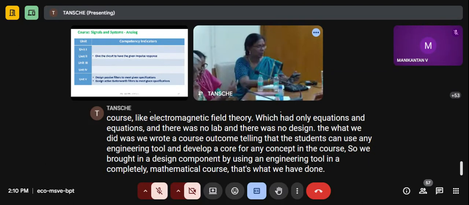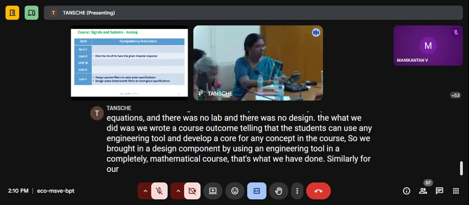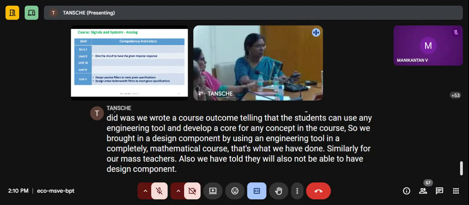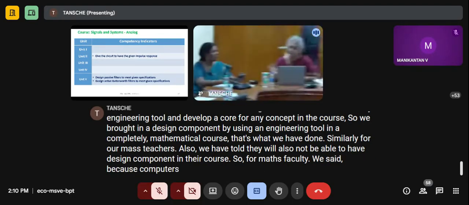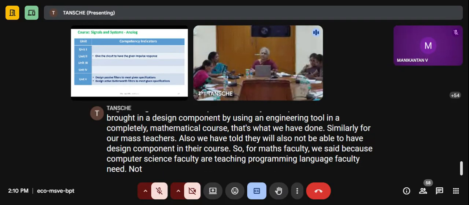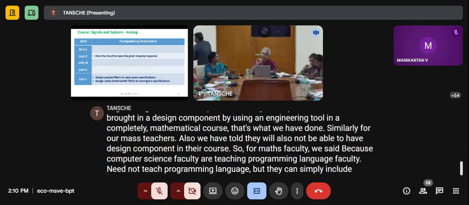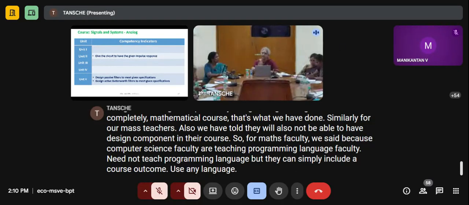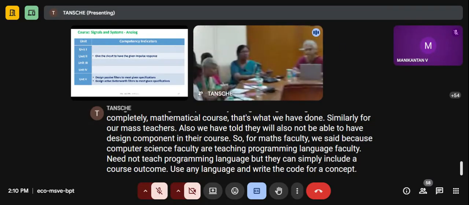Similarly, for our math faculty, we said they need not teach a programming language, but they can simply include a course outcome: use any language and write the code for a concept in mathematics.